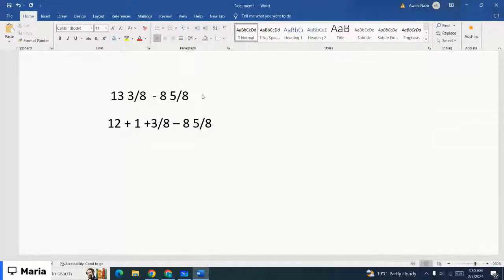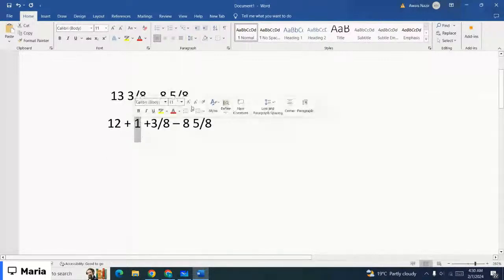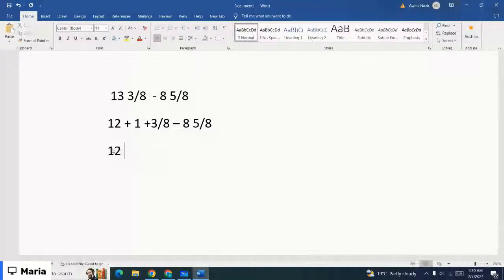Now you can write the 1 as 8 over 8, because this fraction has the denominator 8, so that you can add 8 by 8 plus 3 by 8. Got it?